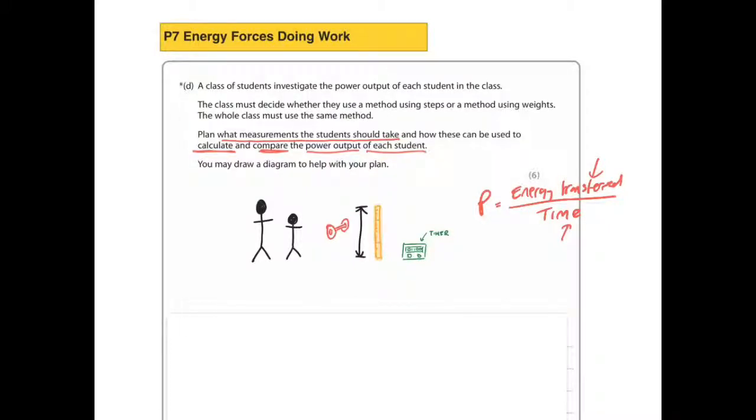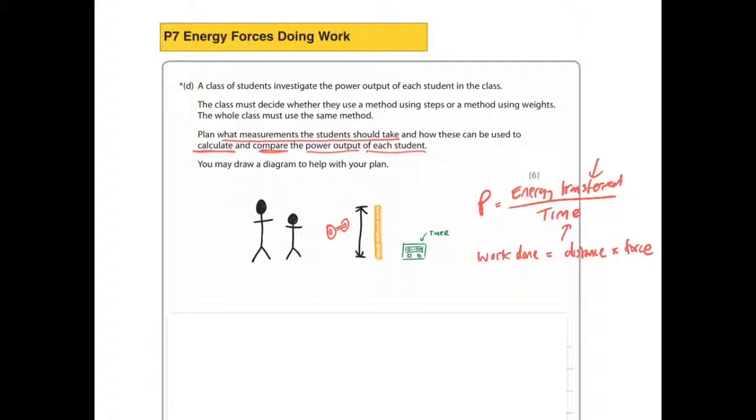Well, energy transfer is the same as work done. When we transfer energy, we do work. Work done is distance times force. So it's the distance you move a force. If you apply a force over a certain distance, you are doing work. So lifting a weight is applying a force over a certain distance.